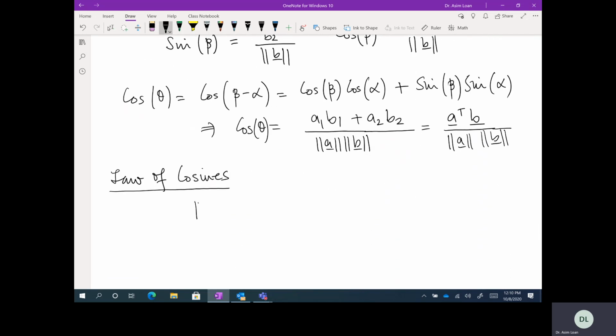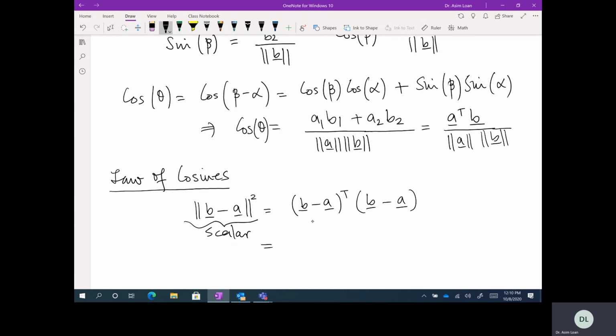So the law of cosines is actually, b minus a norm squared is equal to what? This is b minus a transpose into b minus a. This is not b minus a into b minus a transpose, because that will be a matrix. This is a scalar, so this is b minus a transpose into b minus a.